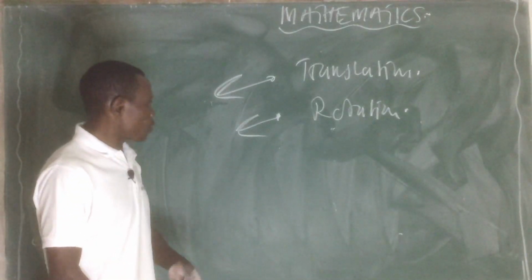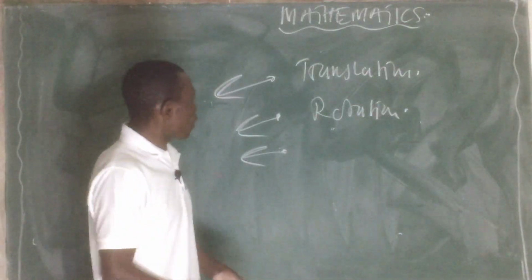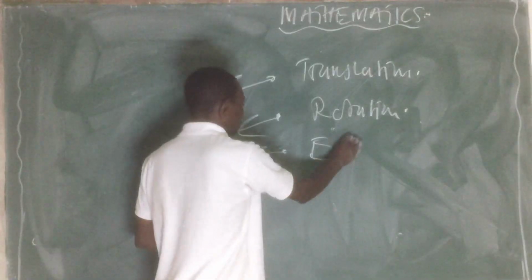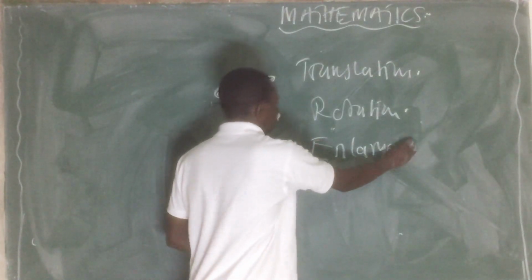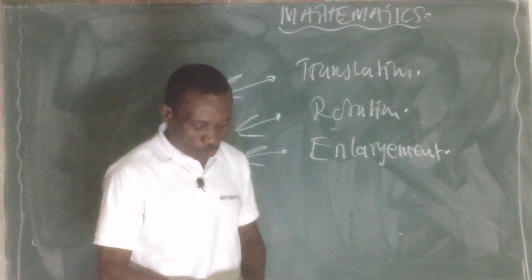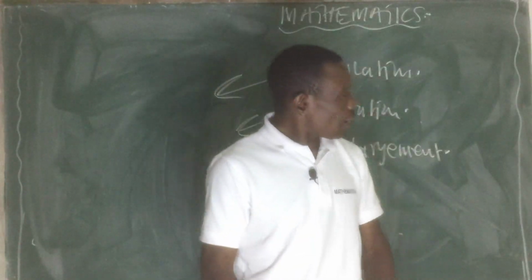Right, so without wasting much of our time, today we're going to pick up the last type of transformation. This has to do with enlargement. So we are going to do issues about enlargement.